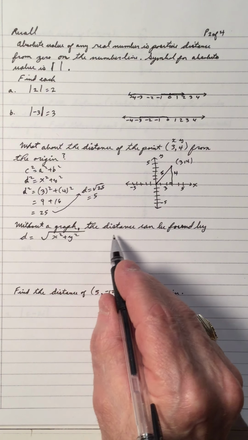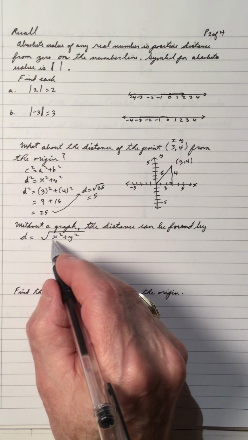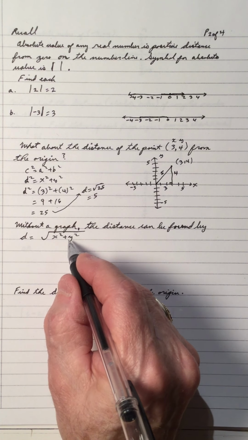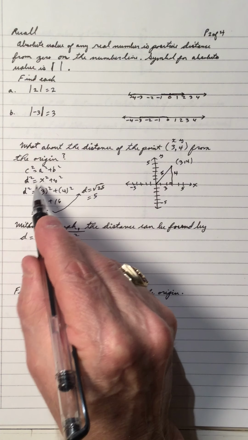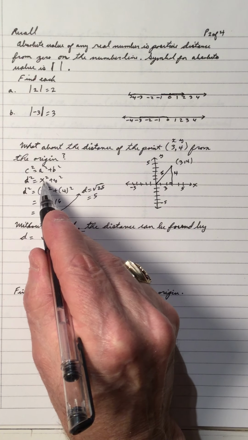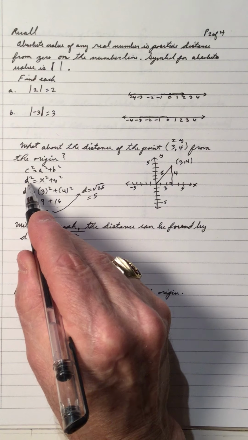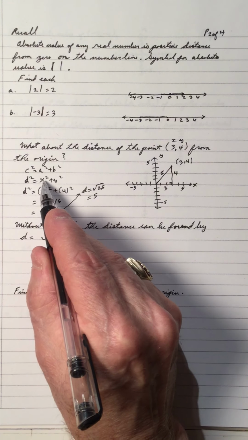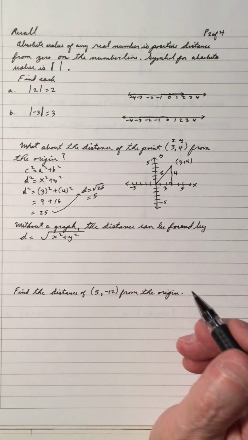Without a graph, the distance can be found by using d equals the square root of x squared plus y squared, which is the same as what I did here. Notice the distance squared d squared equals x squared plus y squared. D equals the square root of x squared plus y squared, and the distance is positive.